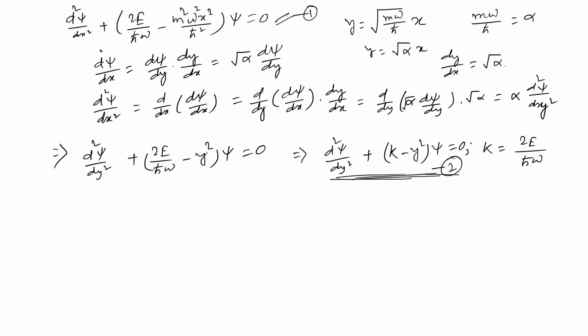Now I have to assume something. Wave function is finite. We know this, that wave function is finite at every step. That is, wave function is finite even if x equals to infinity. I am considering x first. At x tends to infinity, that means y tends to infinity.